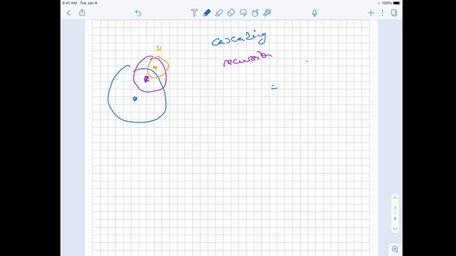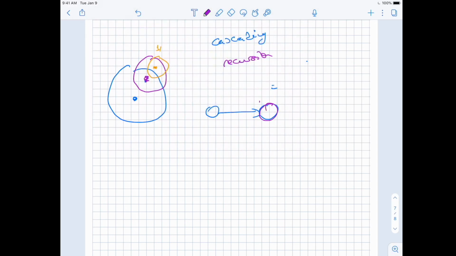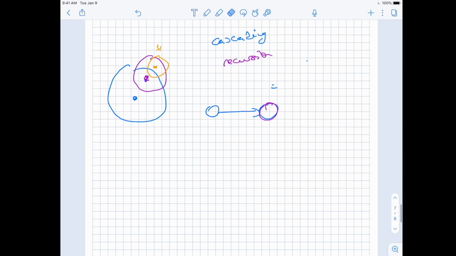And so the relationship can be one direction, right? The blue circle detonates the purple one, but the purple one does not detonate the blue one. And so you can see here we want recursion, we want basically to keep going as long as there are more bombs that get detonated, and we have a direction.